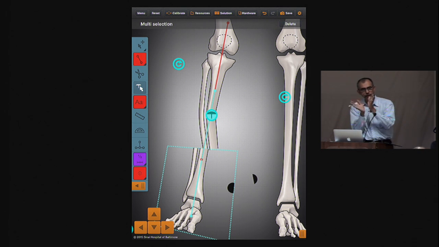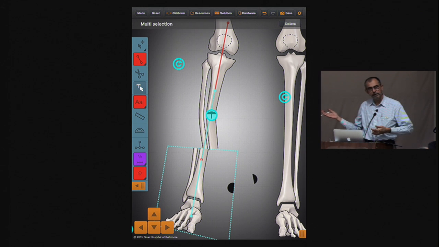Whenever you do an opening wedge, whenever you do a closing wedge, the intact side is the hinge, right? But here you will either have to use an Ilizarov or do the correction and then do the translation. So osteotomy rule number 1, hinge and osteotomy at the CORA, all is well, 90% of the cases.